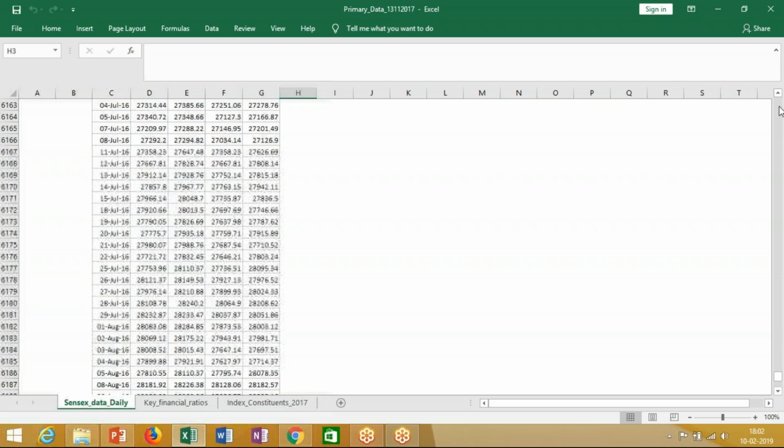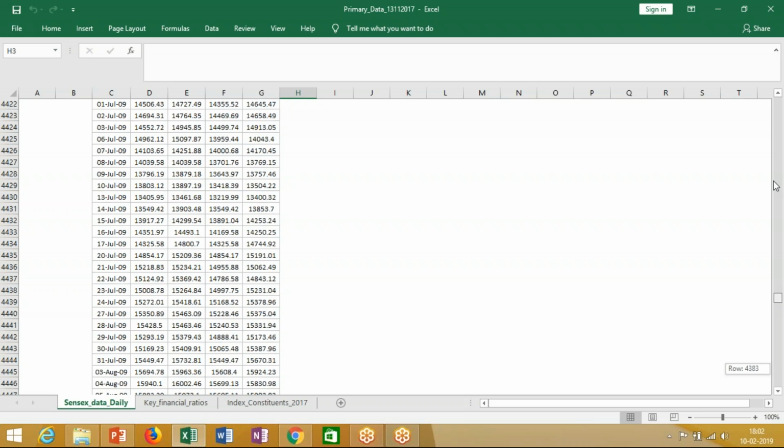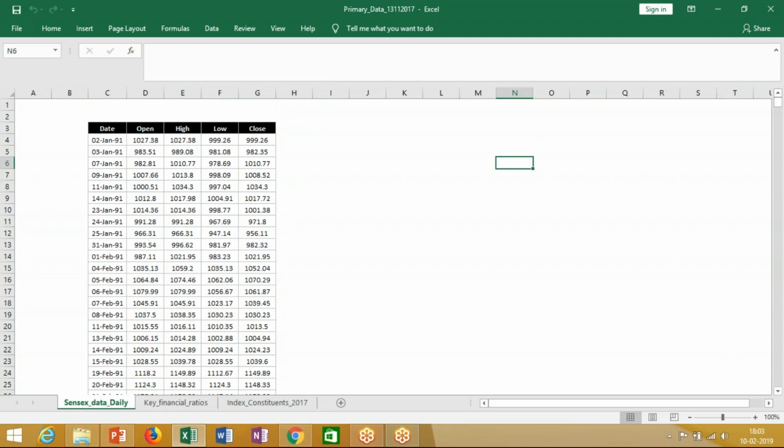So these are the returns. We'll use the closing price, so this is G5 minus G4 divided by G4.